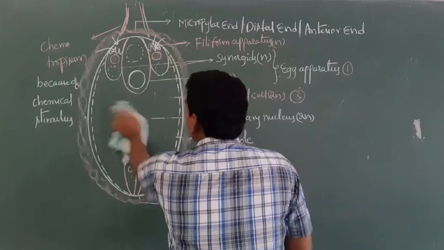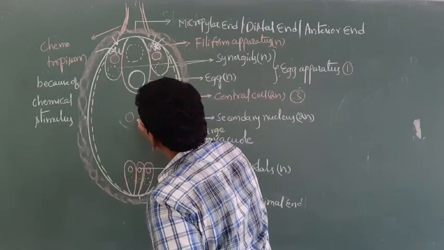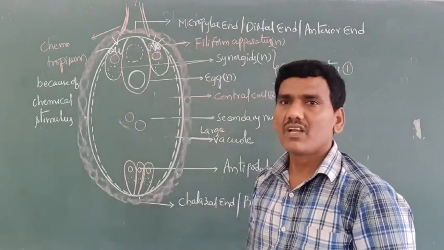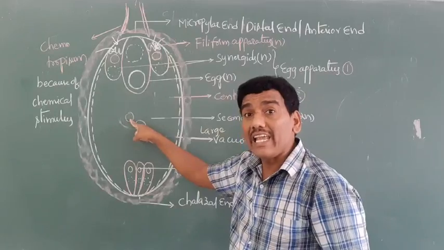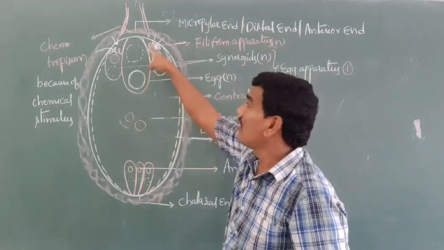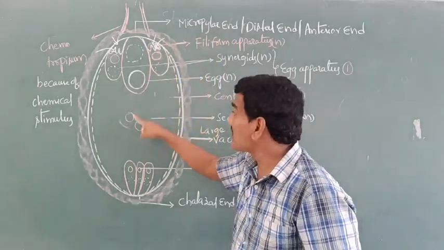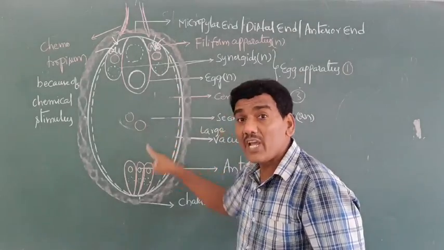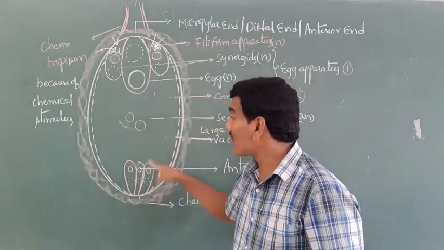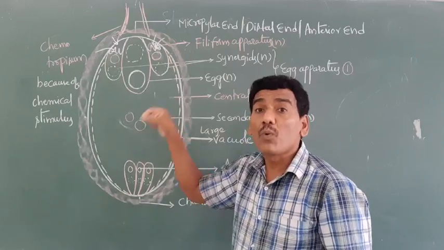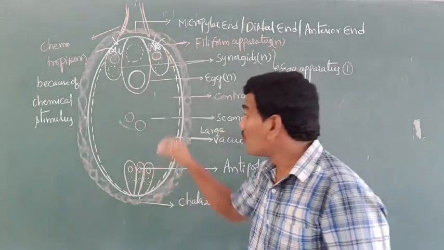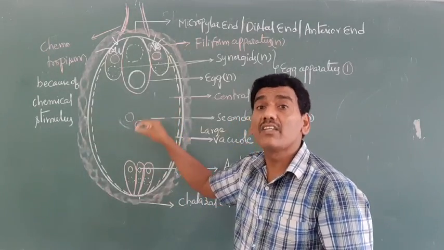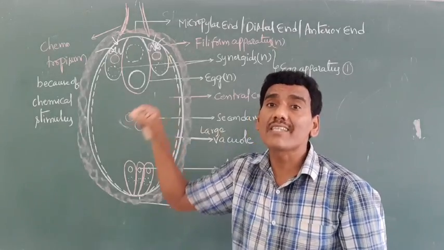Initially, this is one nucleus and this is another nucleus. This nucleus came from the micropylar side, that's why it is also called the upper polar nucleus. This nucleus came from the chalazal side, that's why it is also known as the lower polar nucleus. The two polar nuclei are located within the central cell.